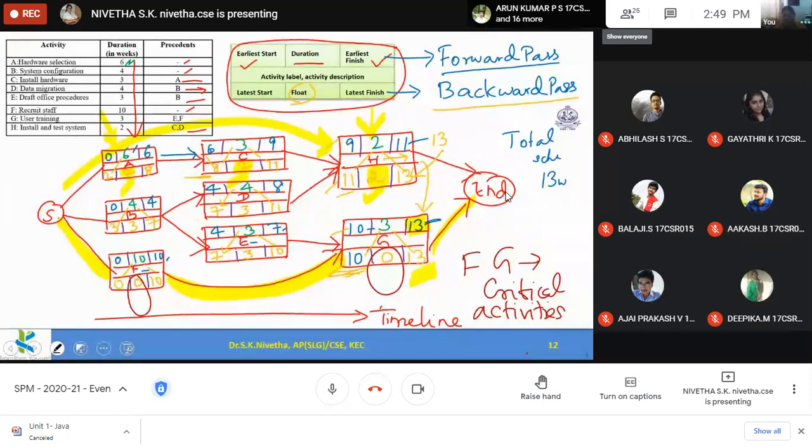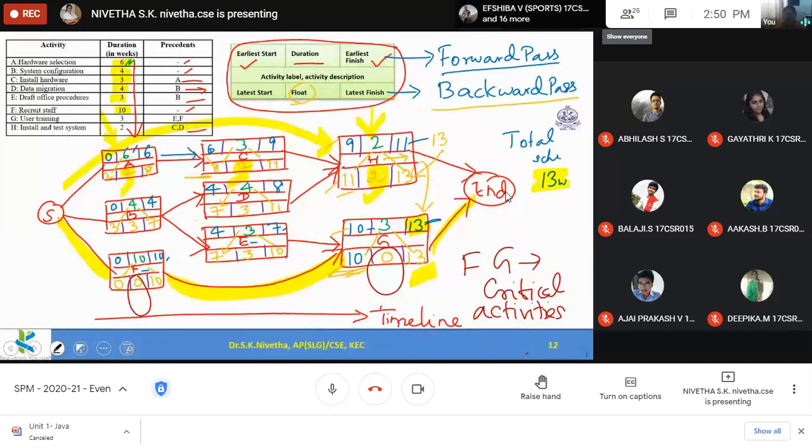Sometimes we finalize that hardware selection requires 6 weeks, system configuration requires 4 weeks, installation of hardware requires 3 weeks, all as per plan. Based on this calculation we are finalizing that 13 weeks are required to complete the entire project.